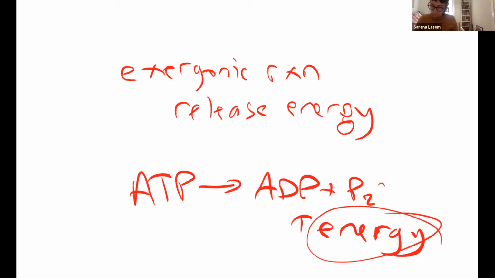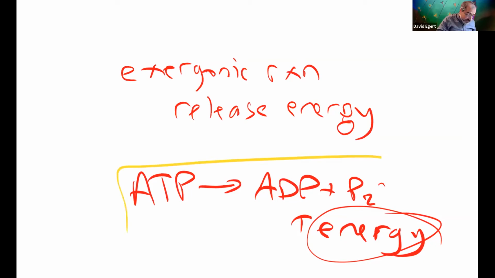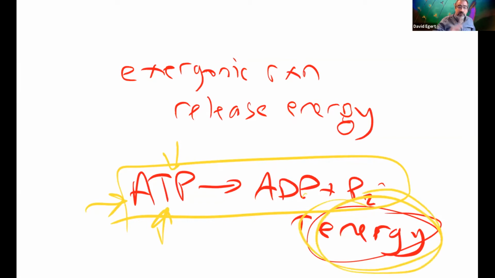Yeah. So let's say this happens during muscle contraction. You're using the ATP in your muscle tissue, breaking it apart, using that energy to cock the little myosin heads that are going to generate the forces.